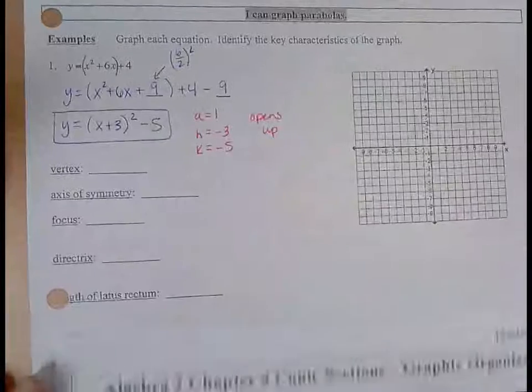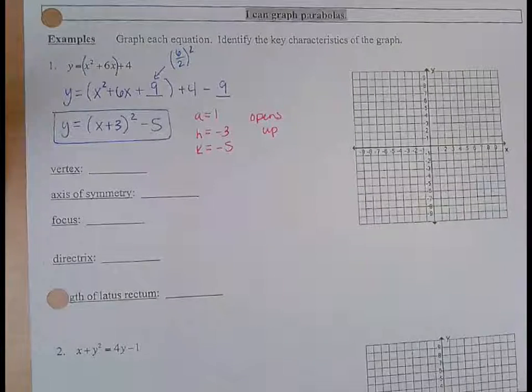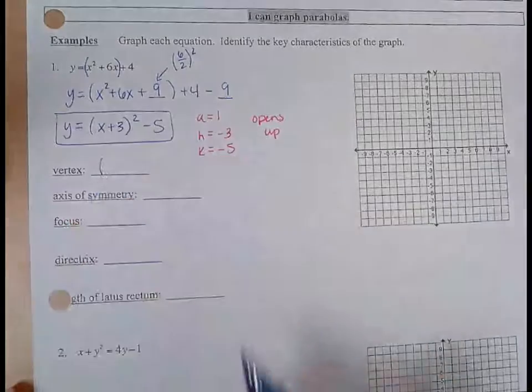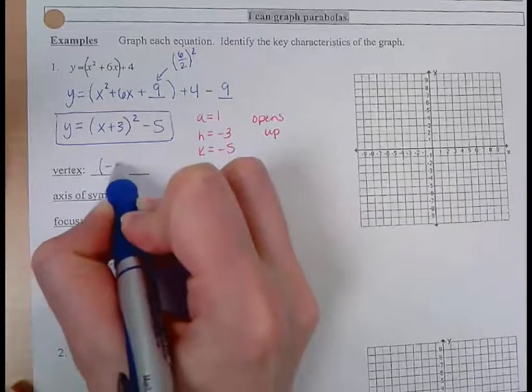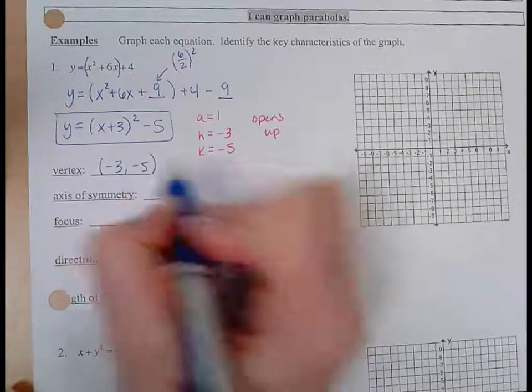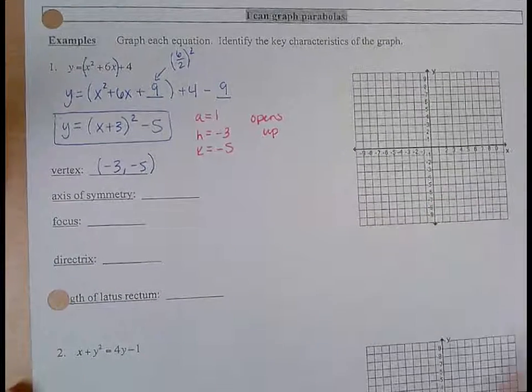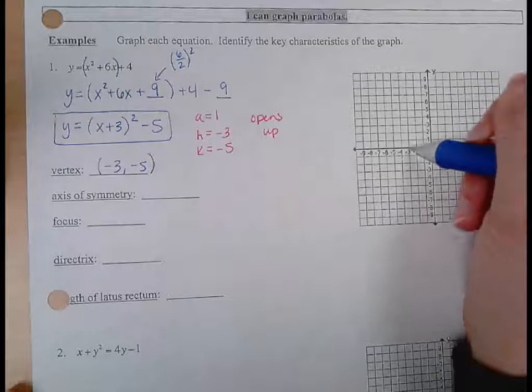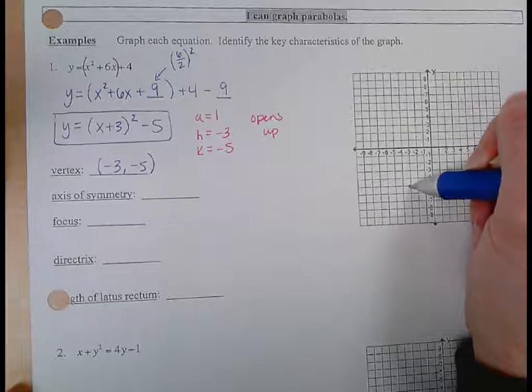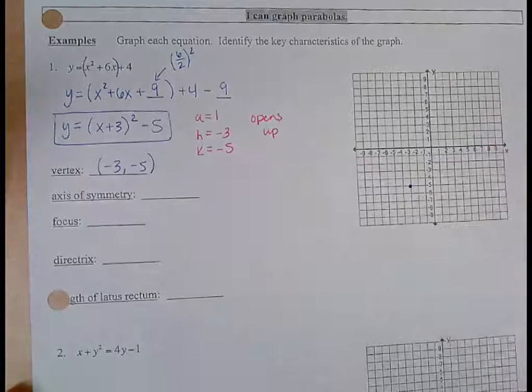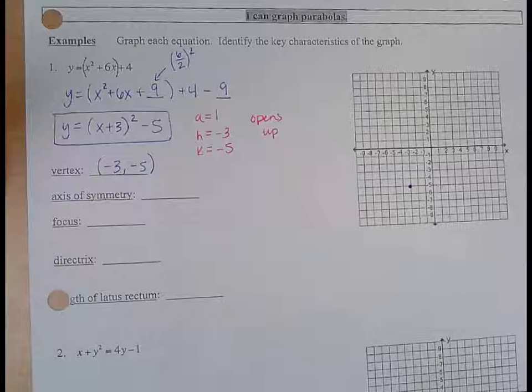Okay, so I'm going to find the vertex. Vertex is (h, k), so I know the vertex will be at (-3, -5). And I could actually, on my graph, just plot that right away. (-3, -5).